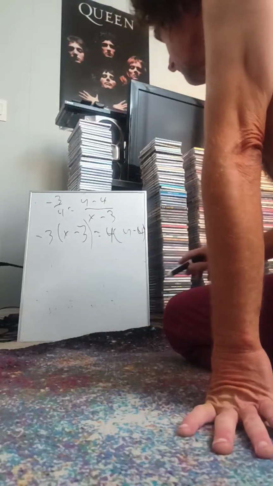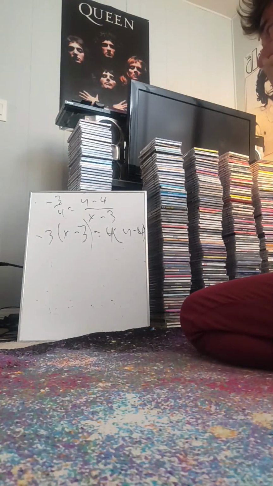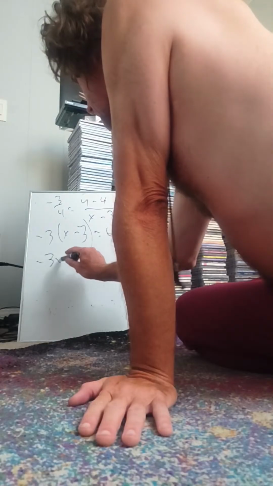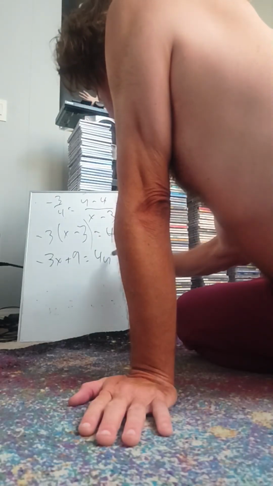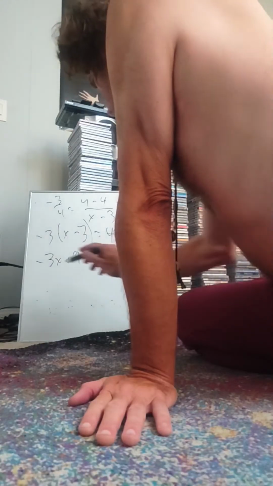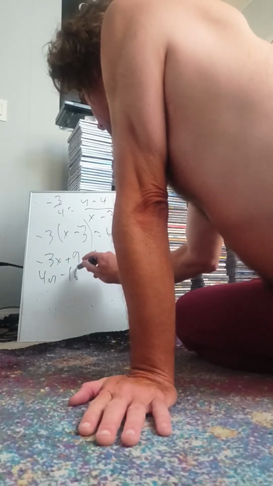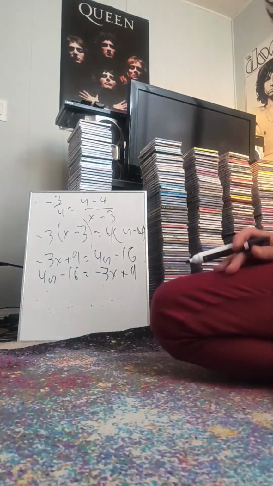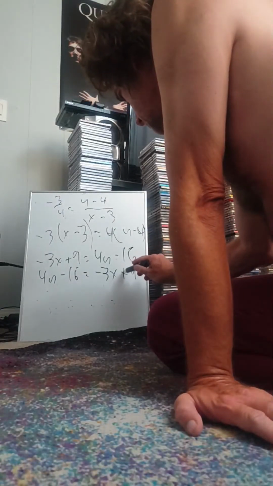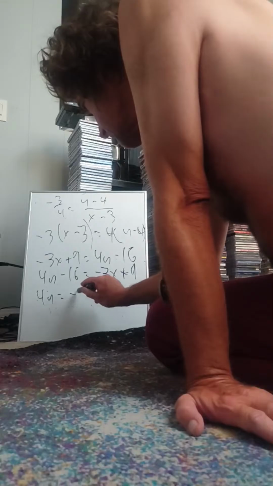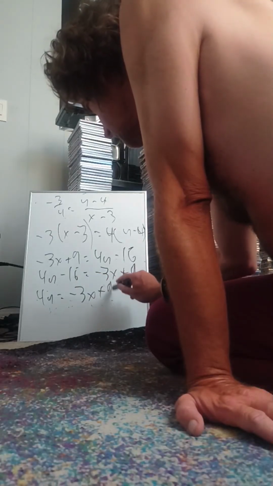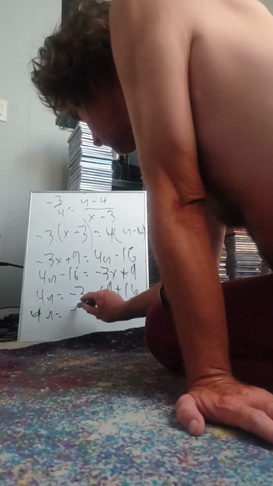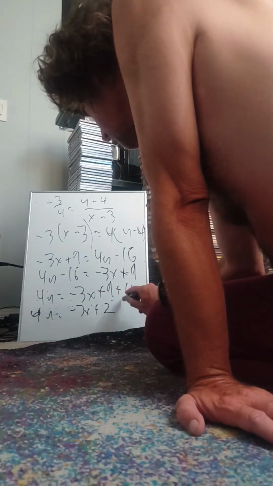And then -3x plus 9 equals 4y minus 16. So 4y equals -3x plus 9 plus 16, which is -3x plus 25.